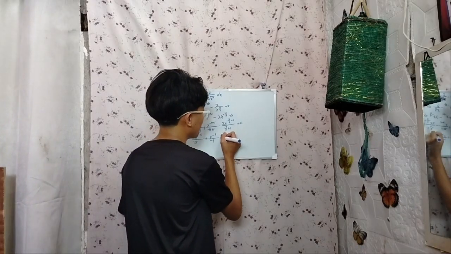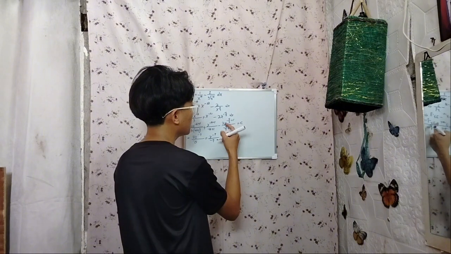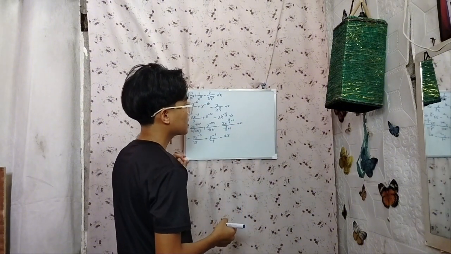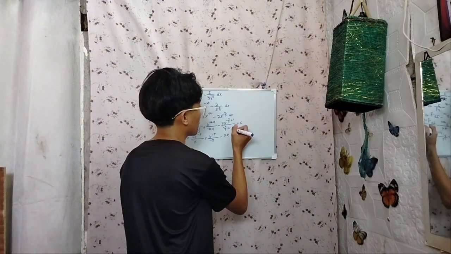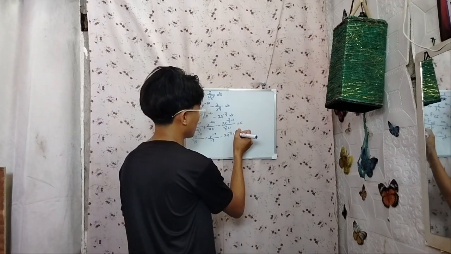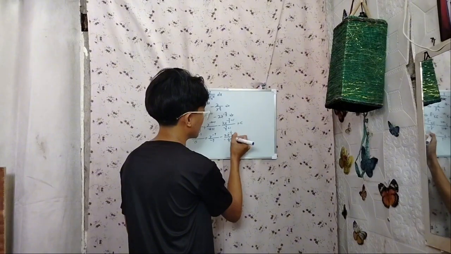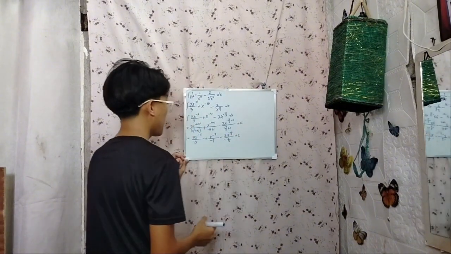Then minus 2x raised to negative 4/3 plus 1 is equal to negative 1/3, over negative 1/3, plus c.